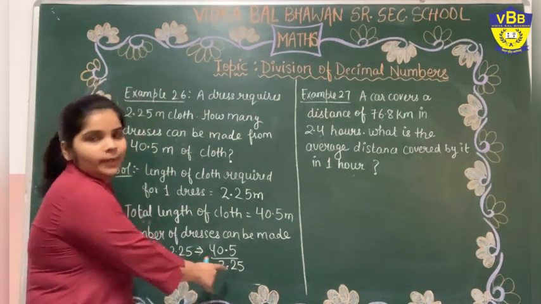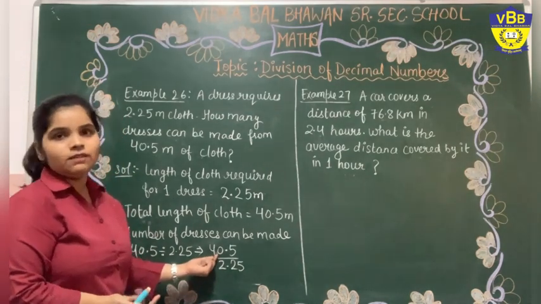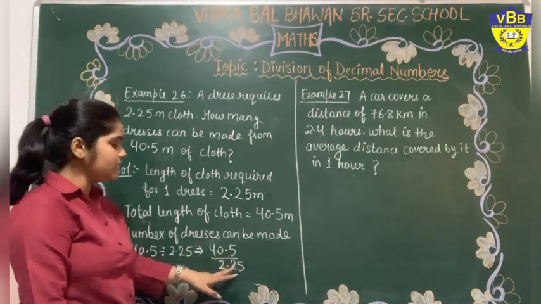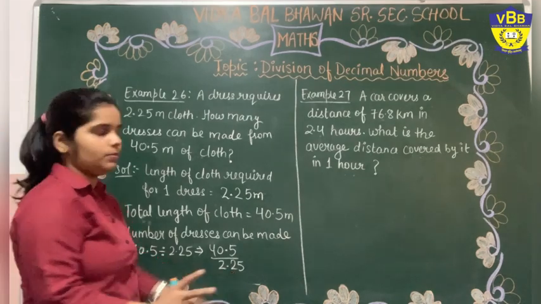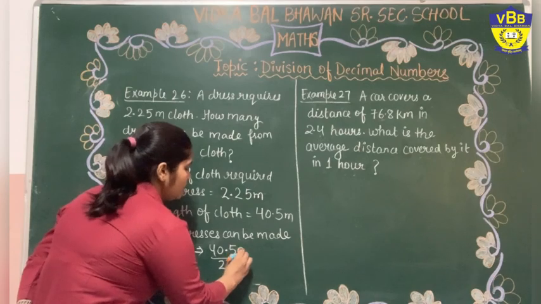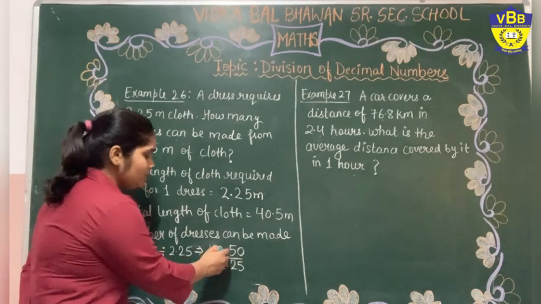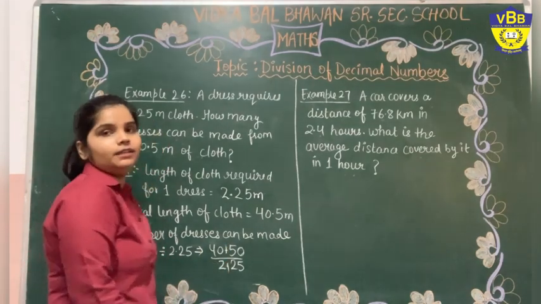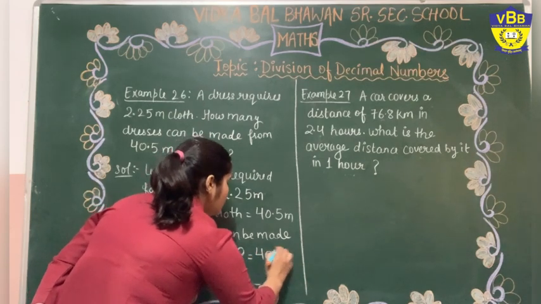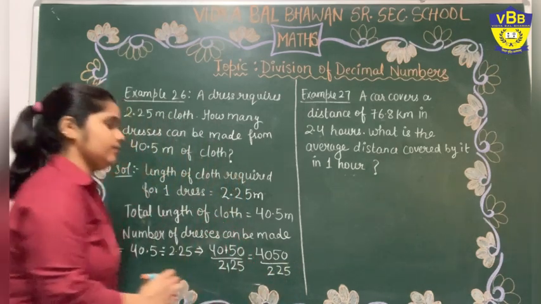So we will make them like decimals by adding a 0 in which decimal? 40.5, because 40.5 has only one decimal place, while 2.25 has two decimal places. So we will put a 0 after this 5. Now both the decimal numbers have two decimal places. In that case we can cancel these decimals with each other. Now the whole numbers will become 4050 divided by 225.